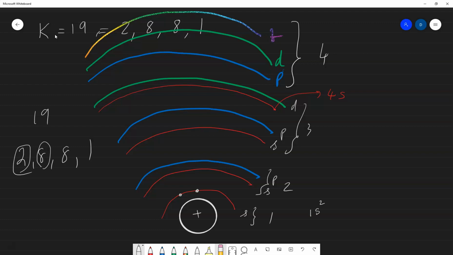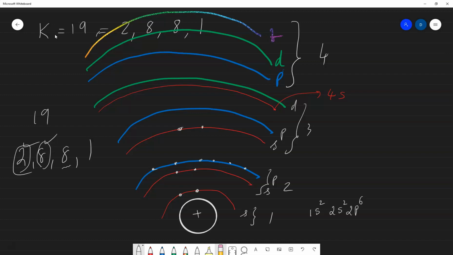Level 1 is full. Go to level 2, or shell 2. So 2 will go to S, and the remaining 6 will go to P. This is the normal way of filling. So we are done with this 8. That is 2s2 and 2p6.